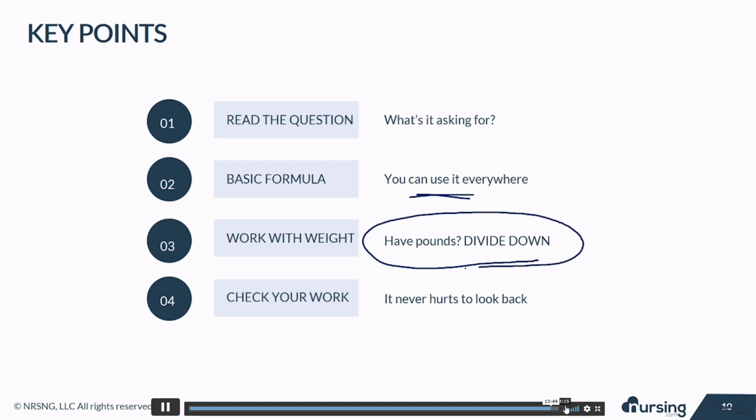This is the only time that you can convert what the order says. So remember, when you have weight in pounds, divide down. And last but not least, it never hurts anyone to take a quick look back and check your work. I can't stress this more than I already have. Be sure to take a look back.